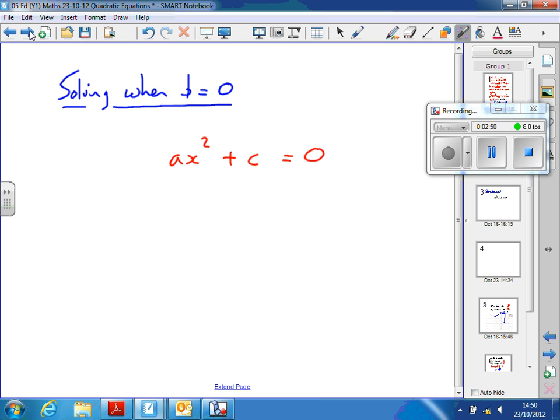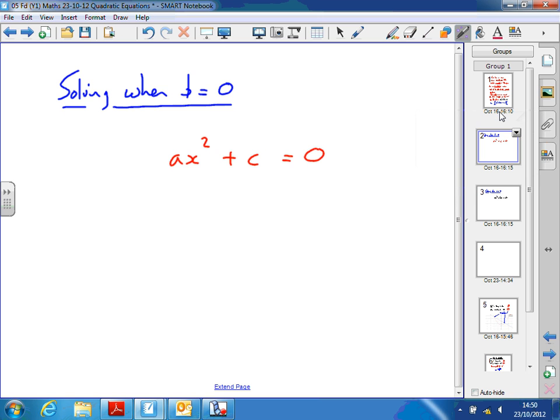So first of all, let's look at the case when b is 0. In other words, there's no term involving x, and so we've just got ax squared plus c equals 0. This one's quite easy to solve. We don't actually use the quadratic formula or any other method. We just solve it like an ordinary equation. Subtract c from both sides of the equation. Ax squared equals negative c.